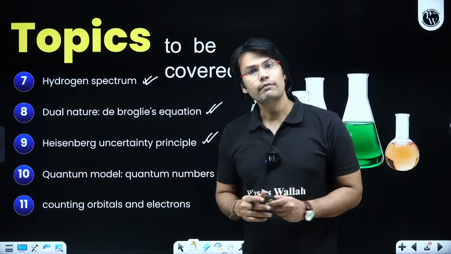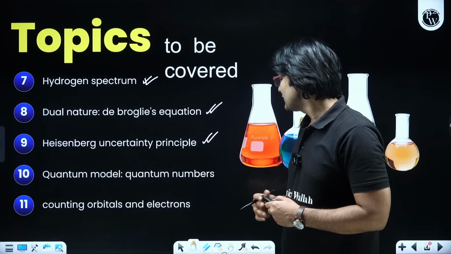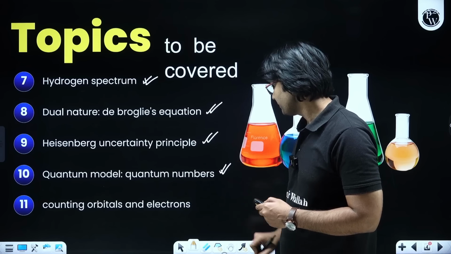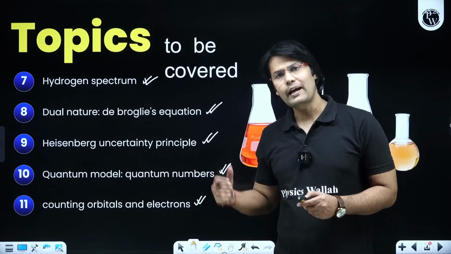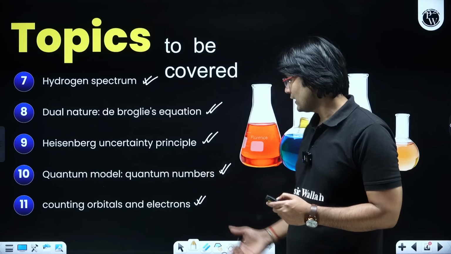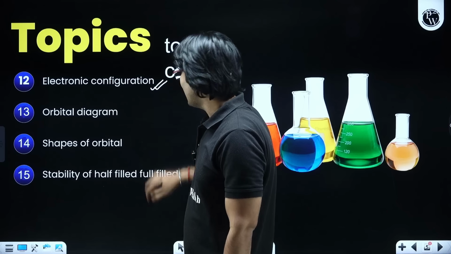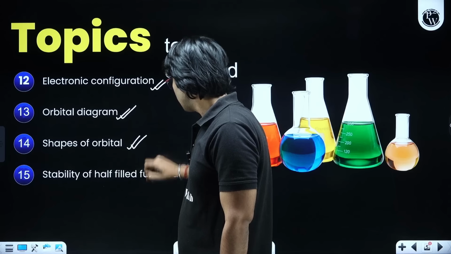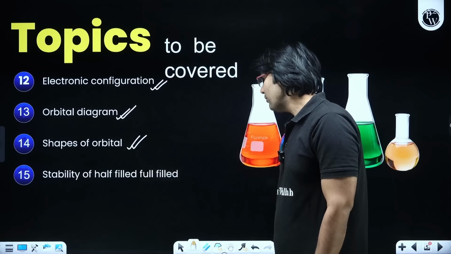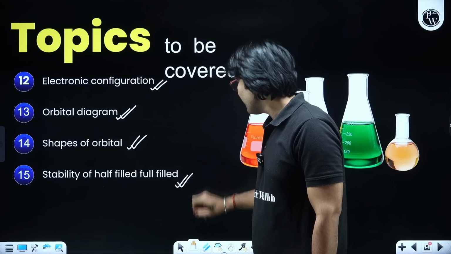Finally, we will discuss the quantum model, starting with quantum numbers. How we count the number of orbitals and electrons in a given shell or subshell. Then the electronic configuration of atoms and ions, the orbital diagram, the shapes of orbitals, and finally how half-filled and full-filled configurations are stable.